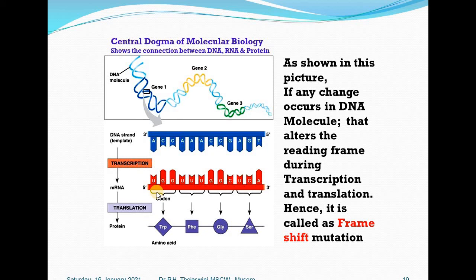It cannot take anything in between, like for example first three letters and then next three letters followed by next three letters. Like this the reading frame continues. If there is any alteration because of addition or deletion, then that leads to alteration in the reading frame.